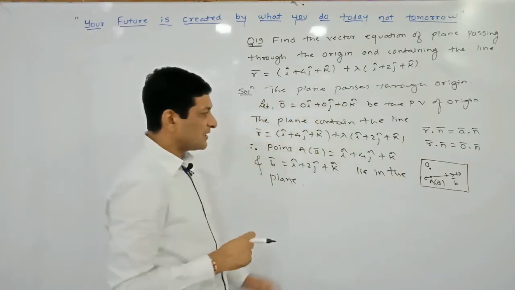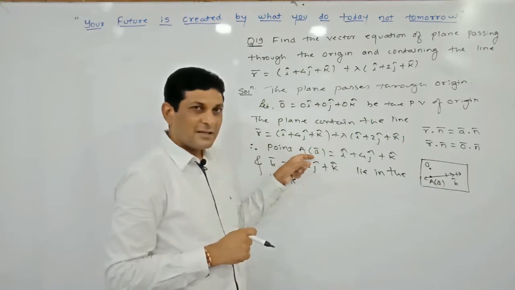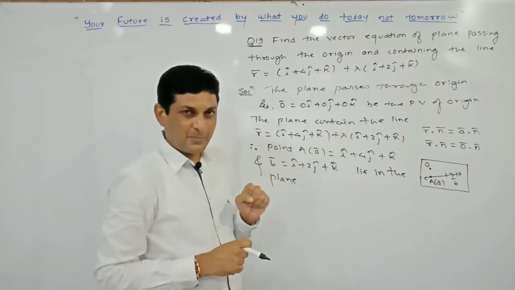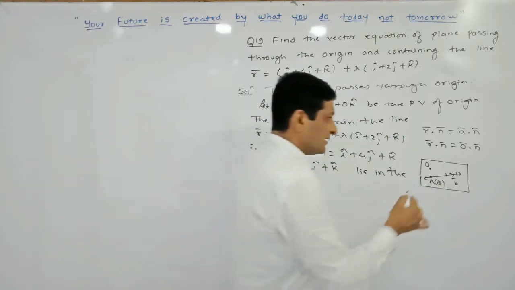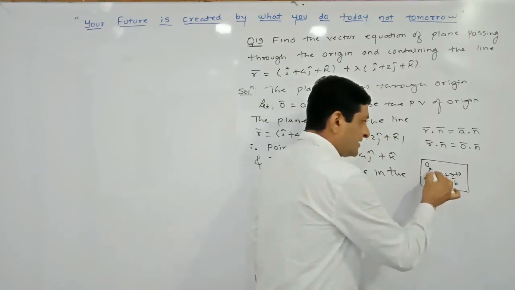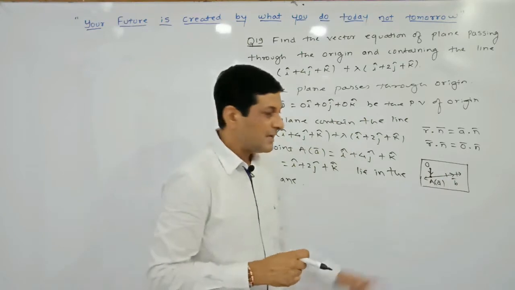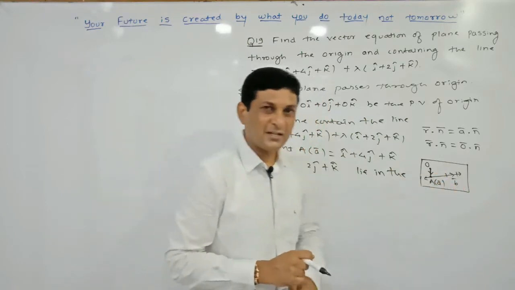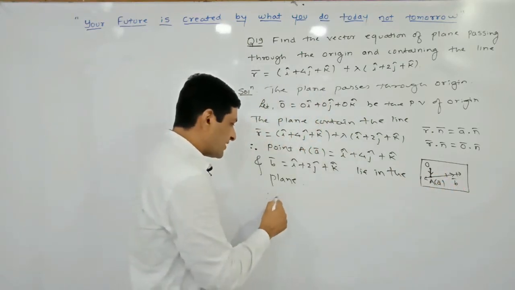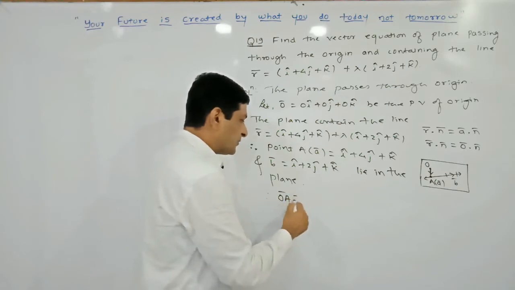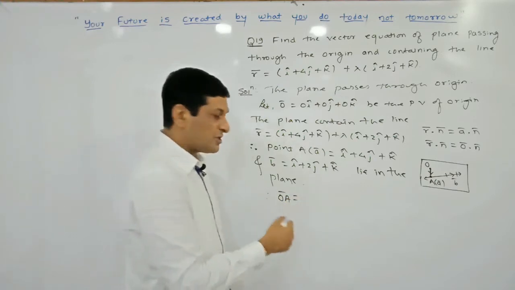If these two points lie in this plane, then OA bar is also one vector in the plane and this b bar is also a vector in the plane.